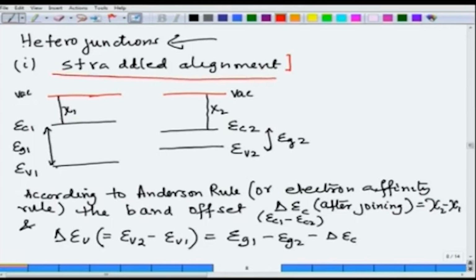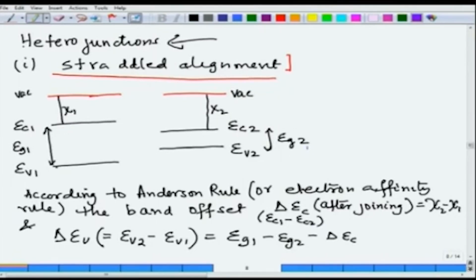In that case, the way we have shown in this picture right here, this is the vacuum level for one material, which has electron affinity psi 1. Its conduction band level is EC1, its valence band level is EV1, and its band gap is EG1. It is a larger band gap, and the other band gap is straddled.